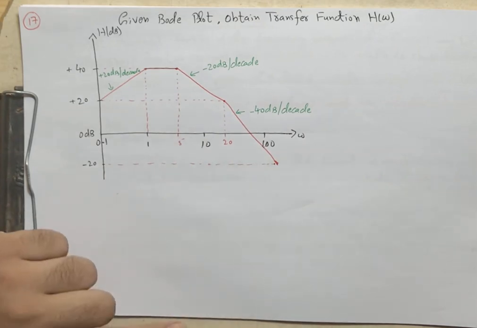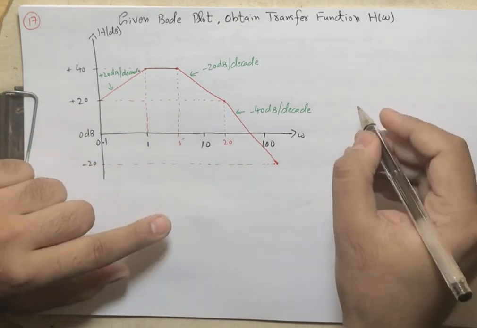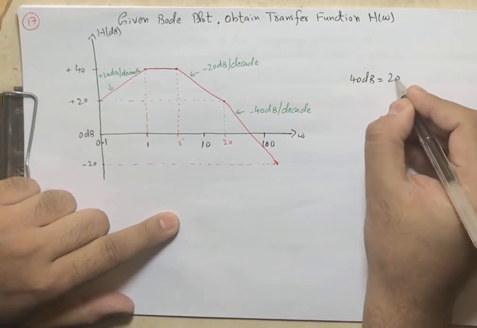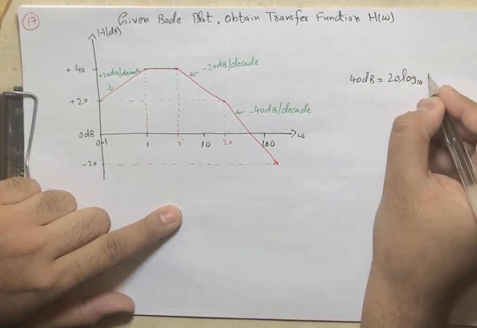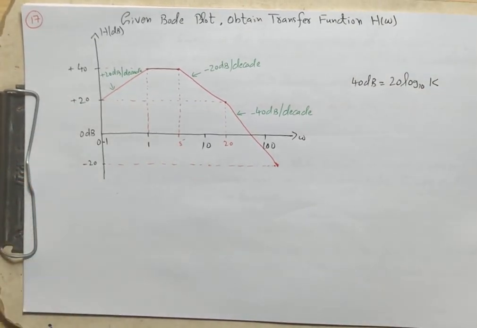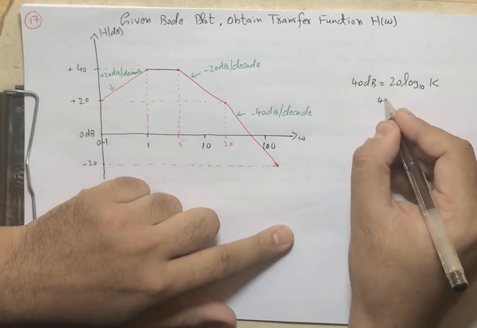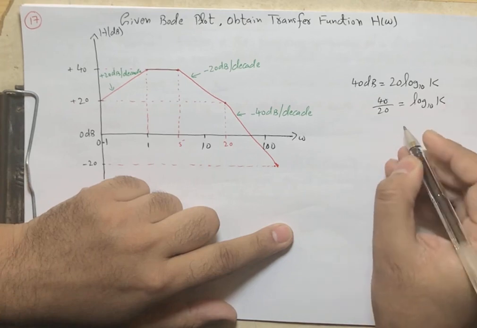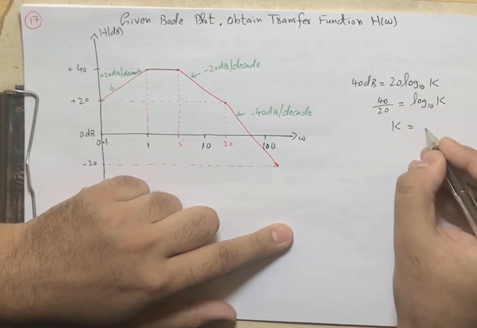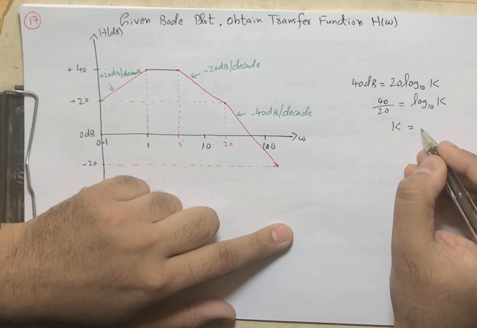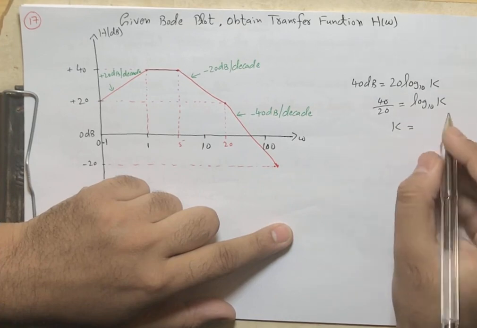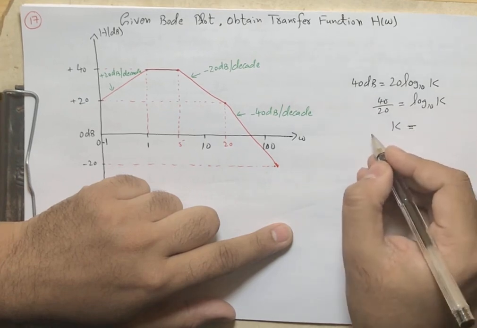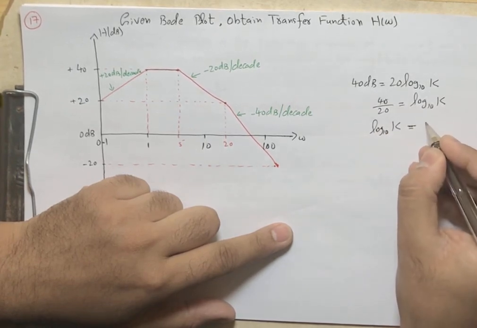Once you have a flat value, it is because of a constant term. So I can say that this 40 dB is equal to 20 log 10 of some constant k. So 40 over 20 is equal to log 10 of k, so basically log 10 of k is equal to 2.